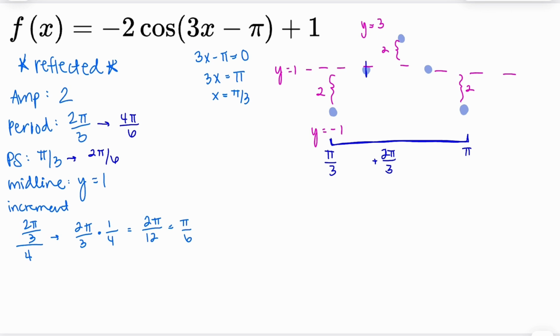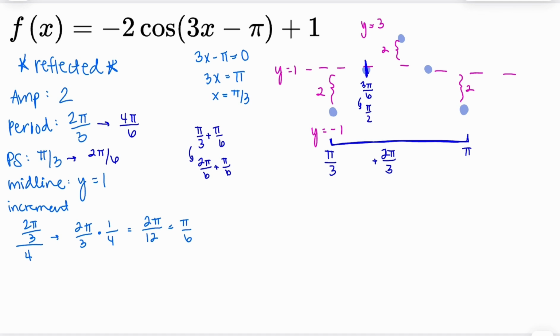So to figure out what this one is, it's going to be pi over 3 plus pi over 6, which is why I mentioned it might be easiest to just think of everything for now with the denominators of 6. That's going to be 3 pi over 6, but we know that 3 over 6 is 1/2, right?